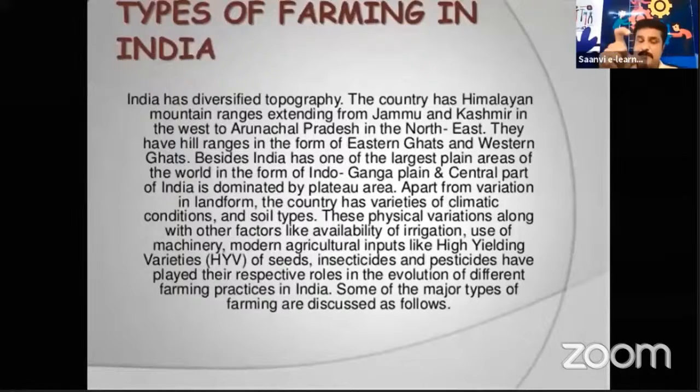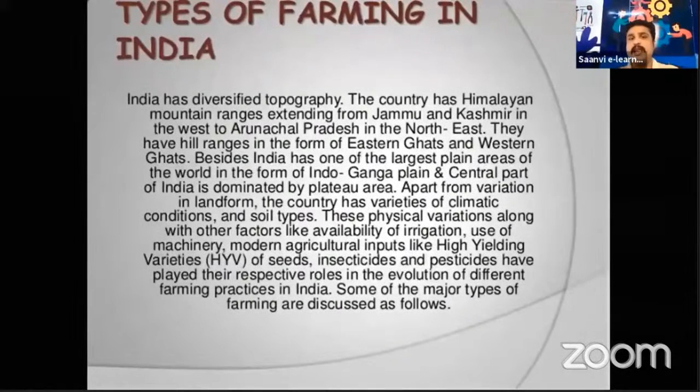Okay, so please remember all these points: the physical features of our country, the northern side, southern side, and the important hilly regions or mountain ranges, and also different types of soil, and the same way the climatic conditions.